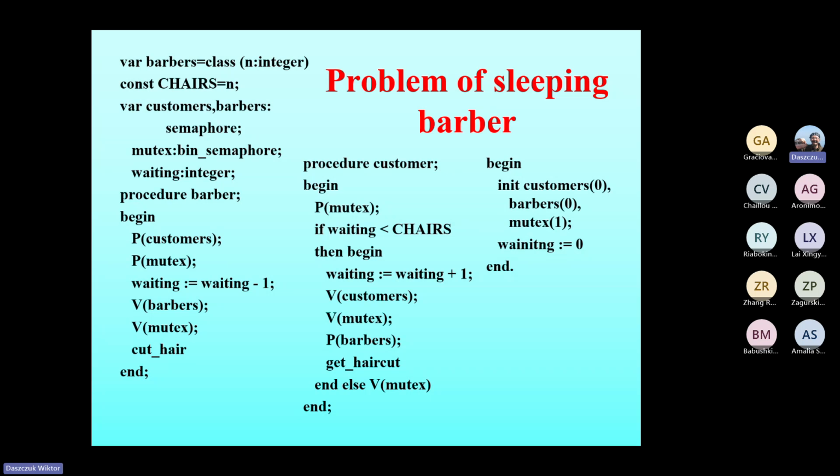So we have a waiting integer that holds the number of clients that wait for a haircut. Of course, if no client waits for a haircut, this semaphore will be 0.